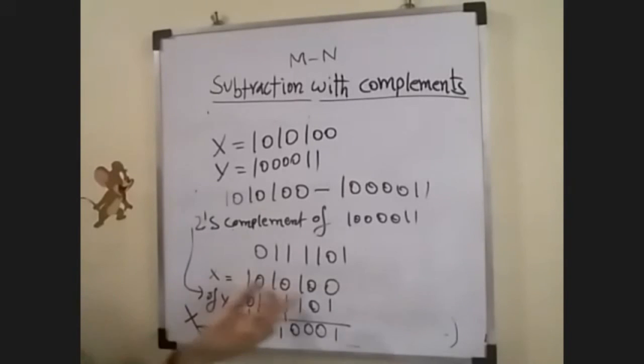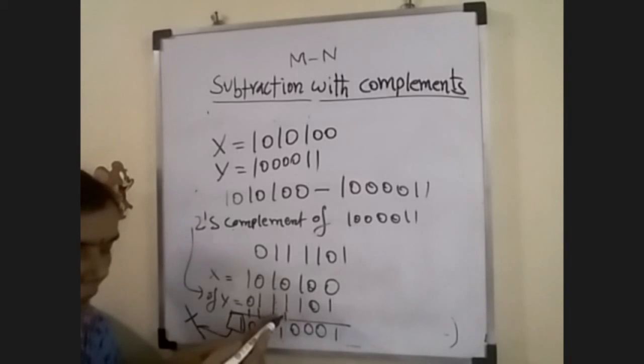If you have to perform the addition, you must know binary addition. Here 1 plus 1 is 10, because 1 plus 1 is not 2 in binary addition. So 2 means 10, which means you place 1 as carry and 0 as sum.